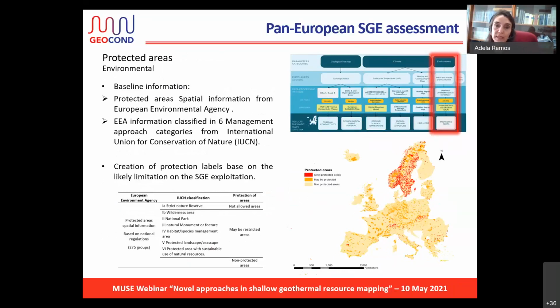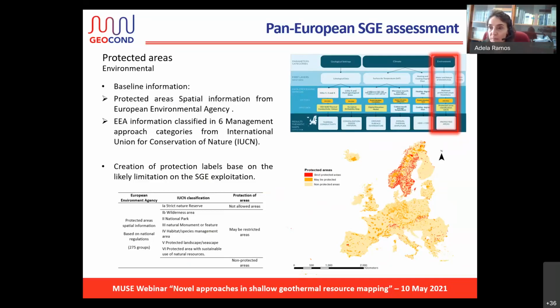we also created the protected areas based on environmental indicators. So this approach was carried out in 3 steps, with 2 main data sources considered, which were the European Environmental Agency and the International Union for Conservation of Nature.